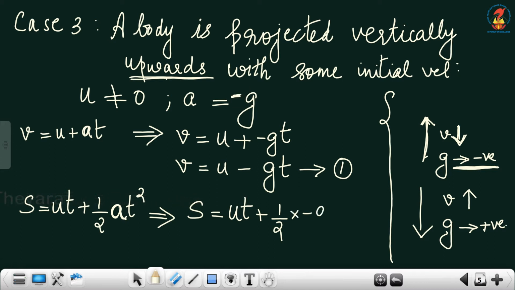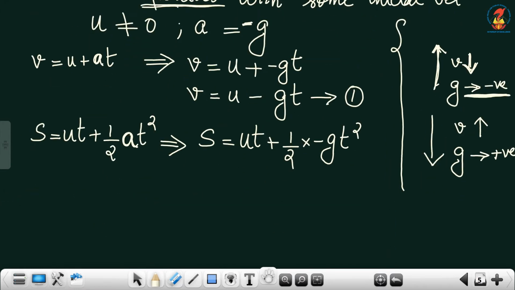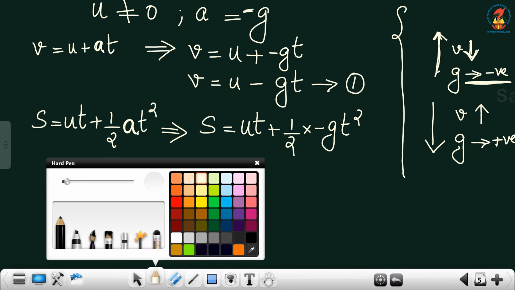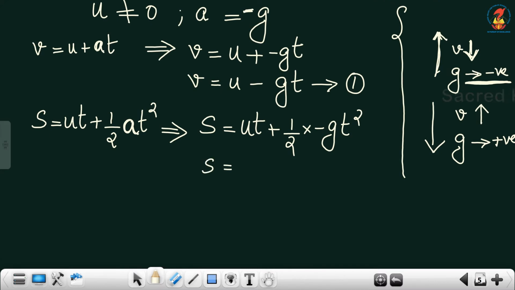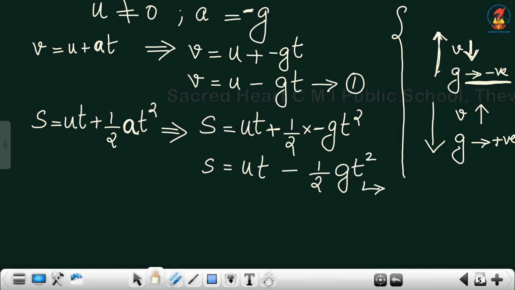So instead of a, let us substitute minus g into t square. So the equation becomes s is equal to ut plus into minus becomes minus half gt square, equation number 2.